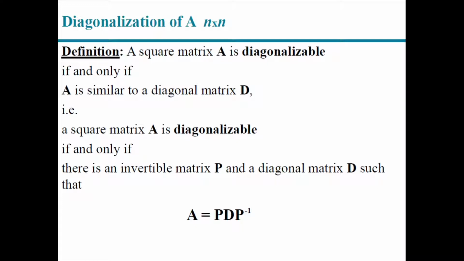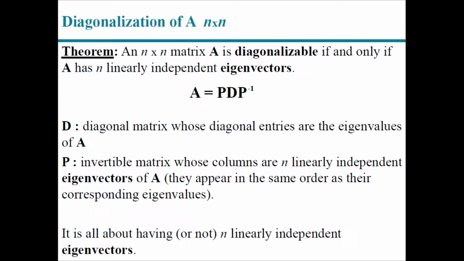That's going to be straightforward. And we are going to try to build an invertible matrix P with the corresponding eigenvectors. Sometimes we will be successful, and then we will say, yes, matrix A is diagonalizable. And sometimes we are not going to be successful, and we will say, okay, matrix A is not diagonalizable. And that's not a problem at all.